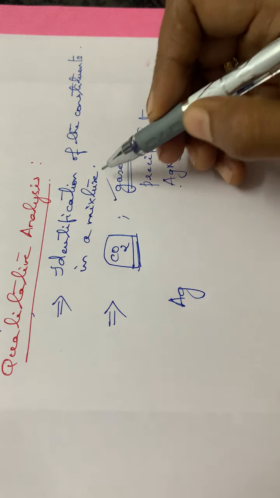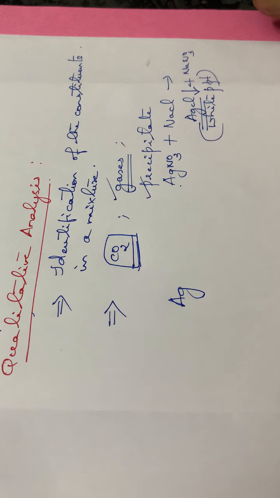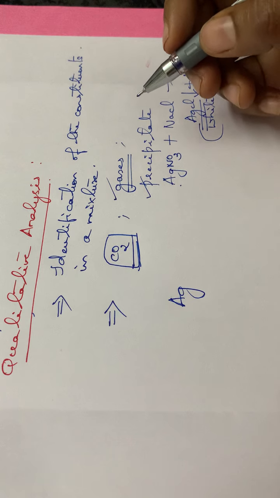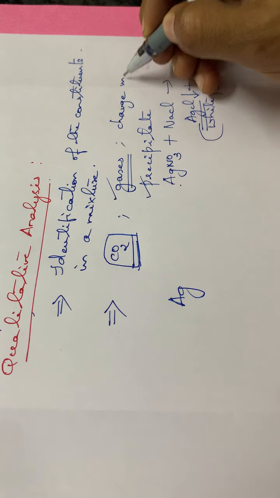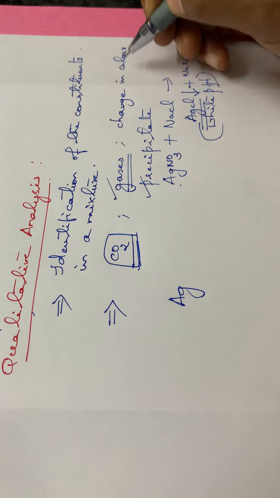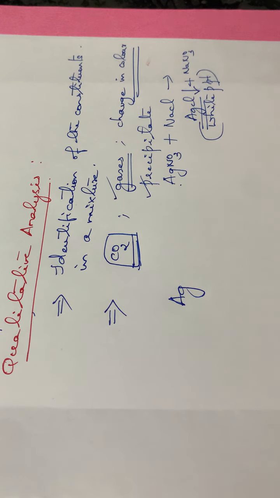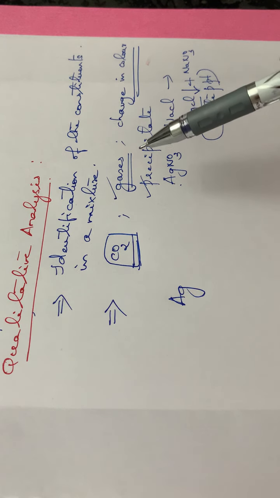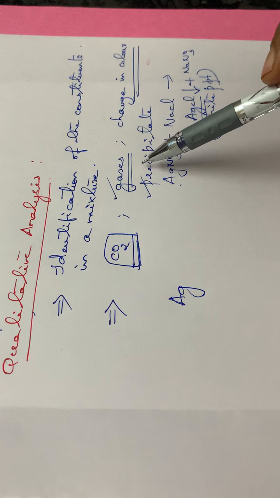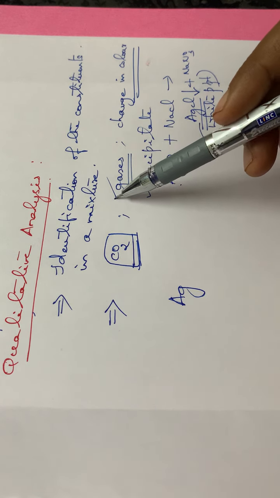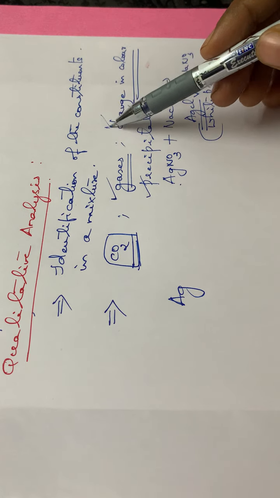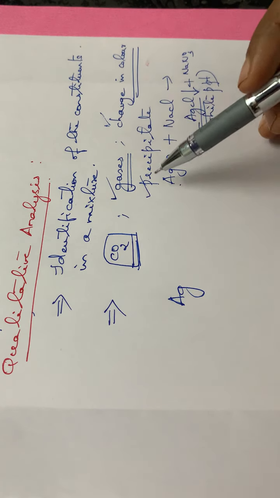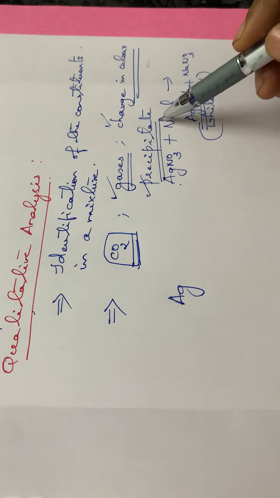In some cases there will be the liberation of gases, and also in some cases a change in color occurs. So these are some of the characteristics while a reaction is going on. While we are identifying the constituents present in a mixture, there will be sometimes the liberation of gases, or a change in color in that particular reaction mixture, or sometimes the formation of a precipitate.